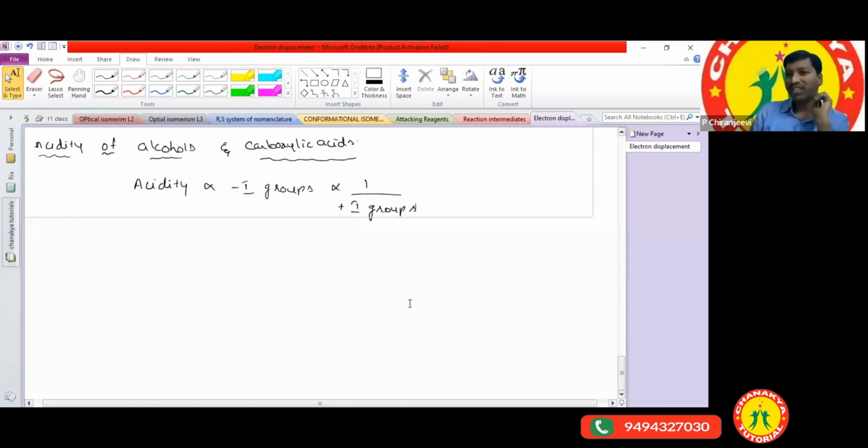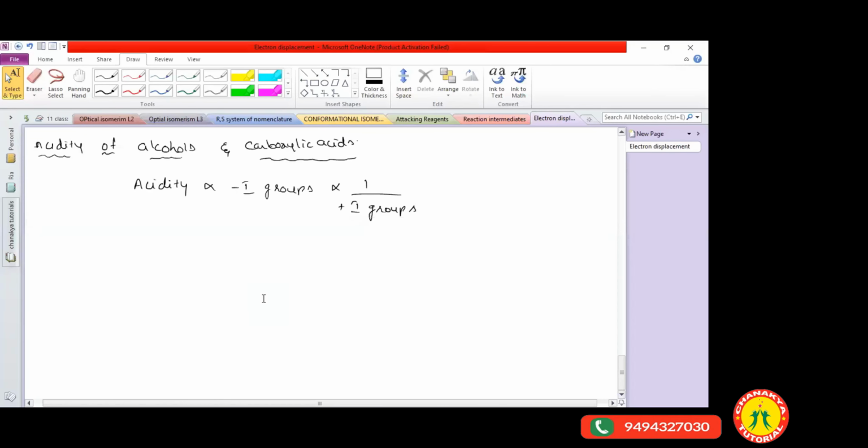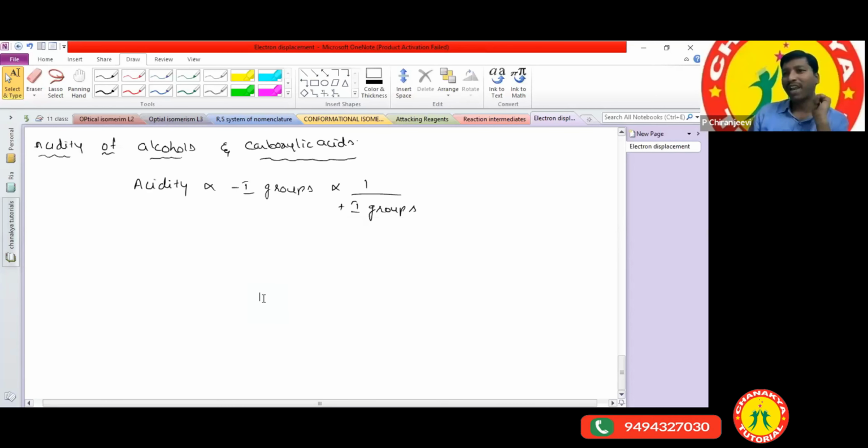Okay, sour in nature. Is there any other property, ma? It is also a substance which turns blue litmus into red litmus. Very good, ma. That is also one of the characteristic properties of acids. Acids are sour in nature and convert blue litmus paper into red litmus paper.